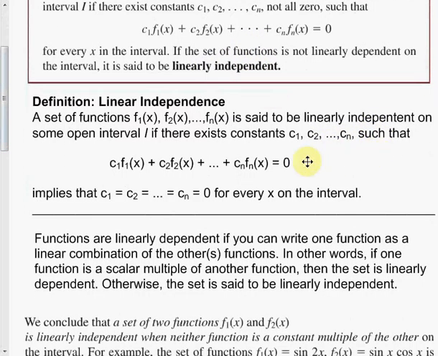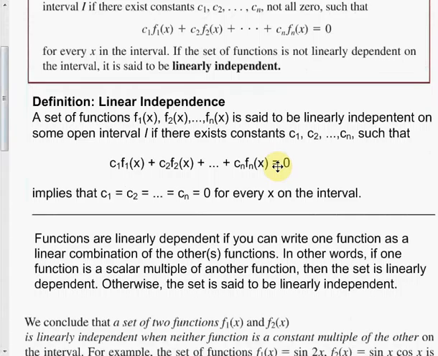Here the implication is that the linear combination of the functions and the coefficients are equal to 0, but that's not it. The key to the definition is that this equation has to imply that all of my coefficients are equal to 0. That's for linearly independent. For linearly dependent, everything is the same, but the implication is that not all the constants are 0.